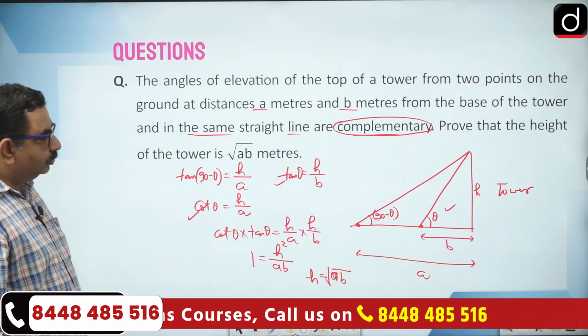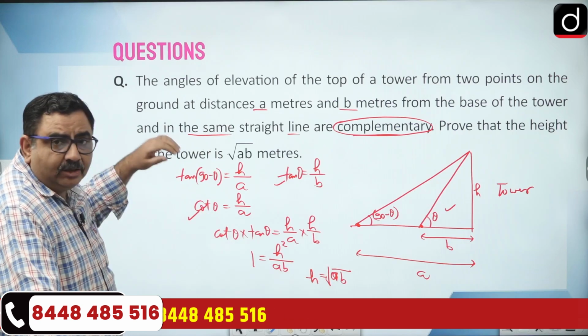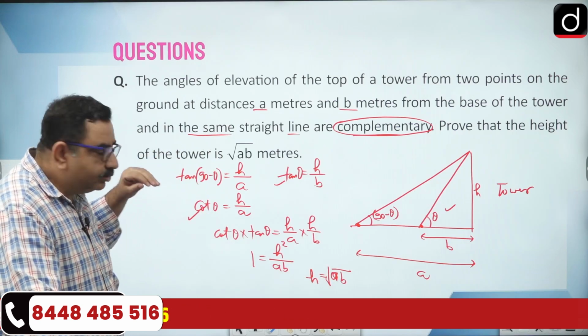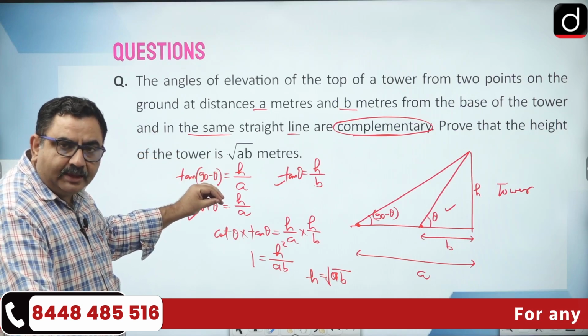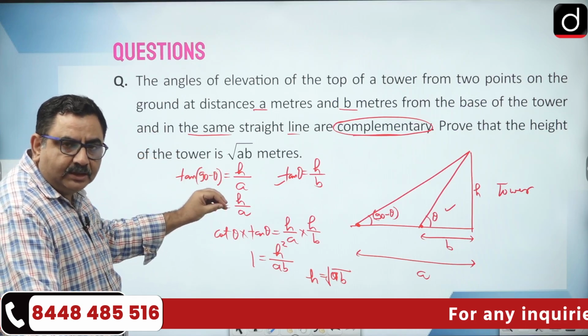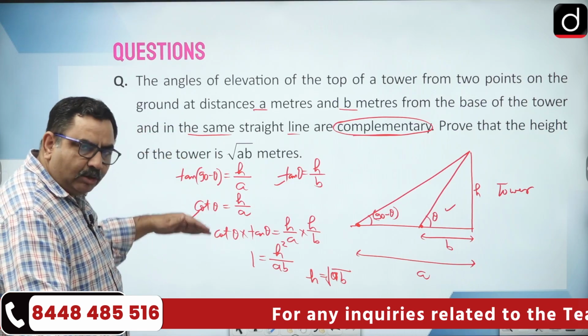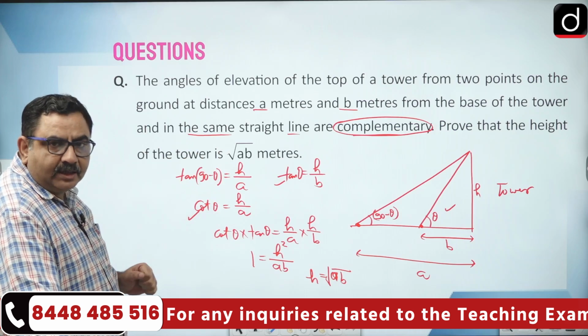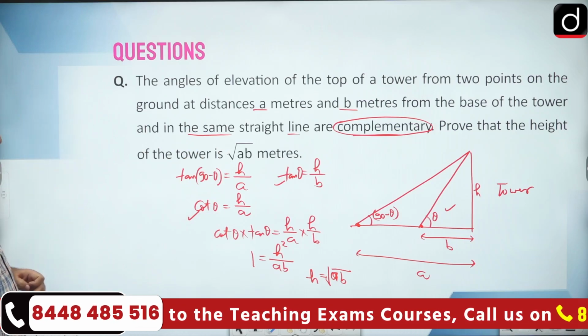In the exam, he can ask what is the height of the tower, and he will give you some options like root AB, or 2A minus B, or 3B minus C, or under root A upon B, like this. So under root AB is the correct answer for this. Okay, clear?